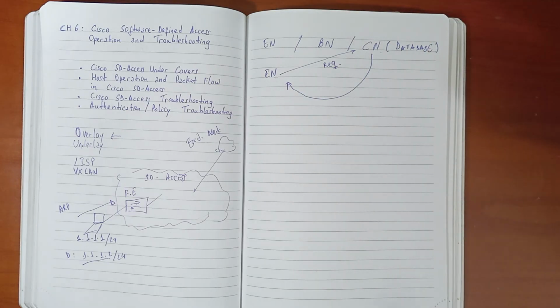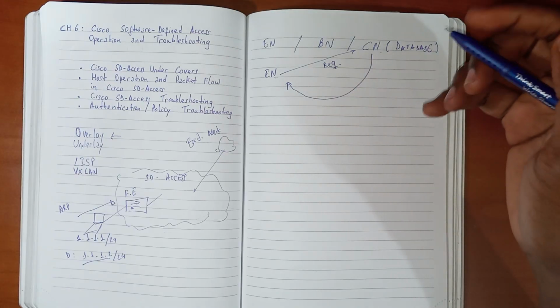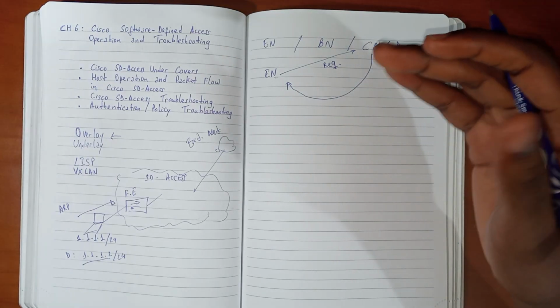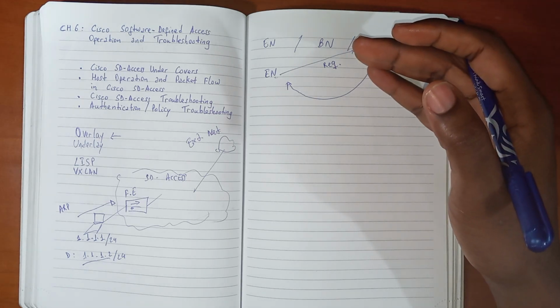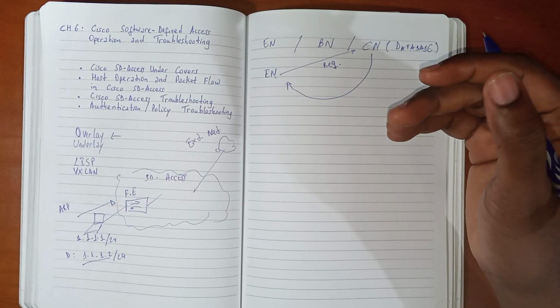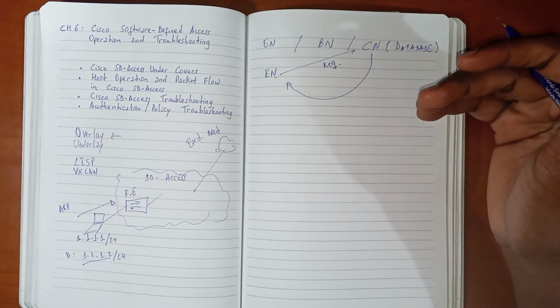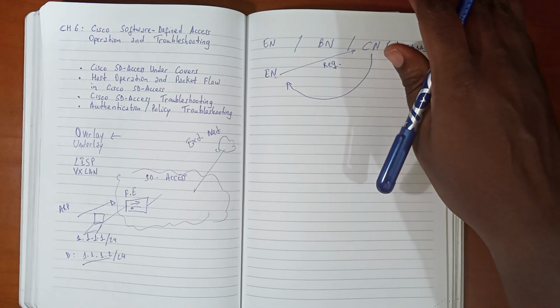But we can also do some troubleshooting using the CLI, command line interface, like the show ip dhcp binding, to see the relation between the MAC addresses and the IP addresses that the DHCP server gives to a specific endpoint.